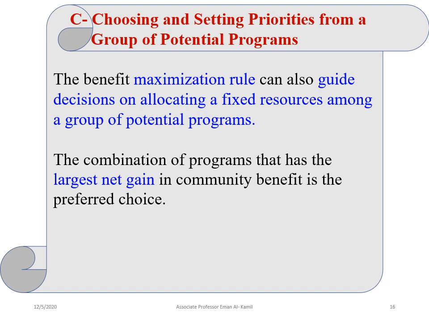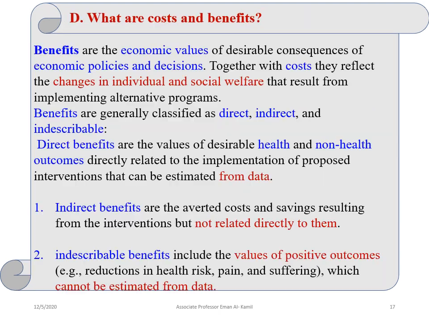The combination of programs that has the largest net gain in the community benefit is the preferred one. If we have more than one program and limited resources, we will determine according to the cost benefit analysis the financial gain from each program, do the prioritization, and choose the one with the largest net gain, the one that earns us the most money, and we are going to choose it.